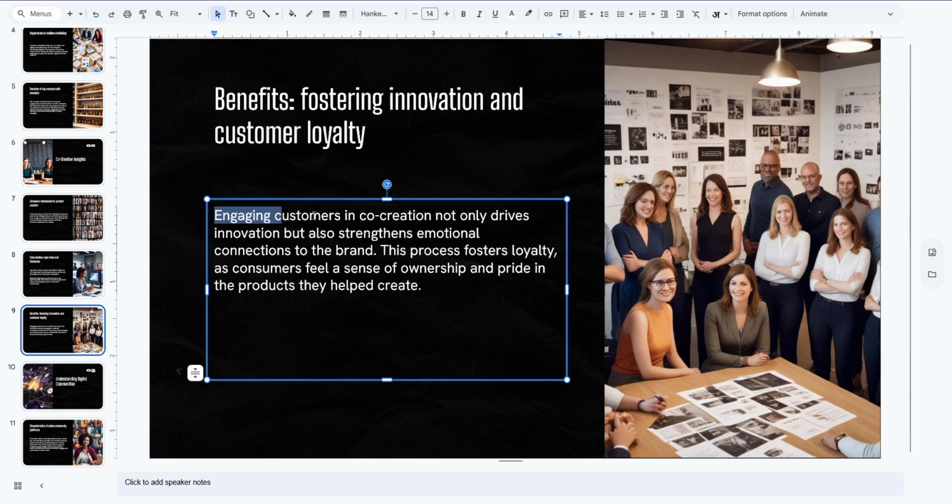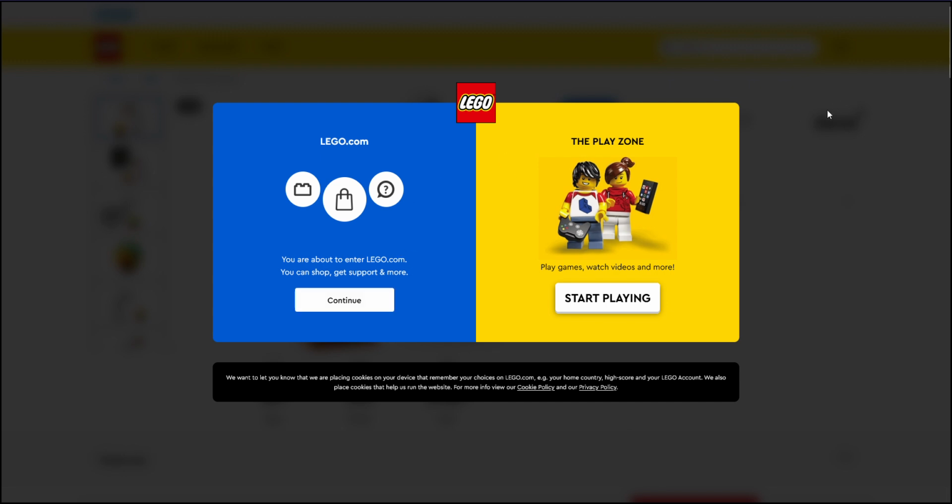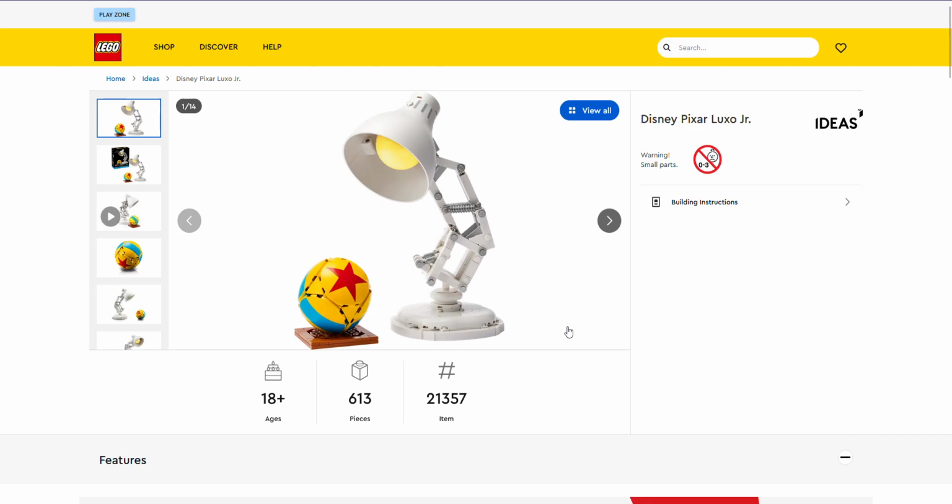So engaging customers in co-creation not only drives innovation, as in bringing up new ideas, but also strengthens emotional connection to the brand. Now, if you give an idea like this person who got his product out there, whoever has submitted it will be happy that my idea is being used by Lego.